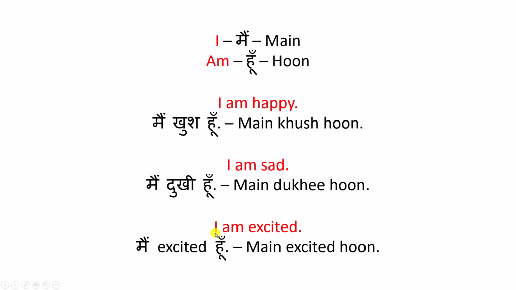Use the words for I and am in Hindi and then rest of the words in English. Excited. Use it as it is. So मैं excited हूँ, and this is perfectly fine. And once you start remembering more and more words, you can use the actual word meant for excited in Hindi. Alright? Next.